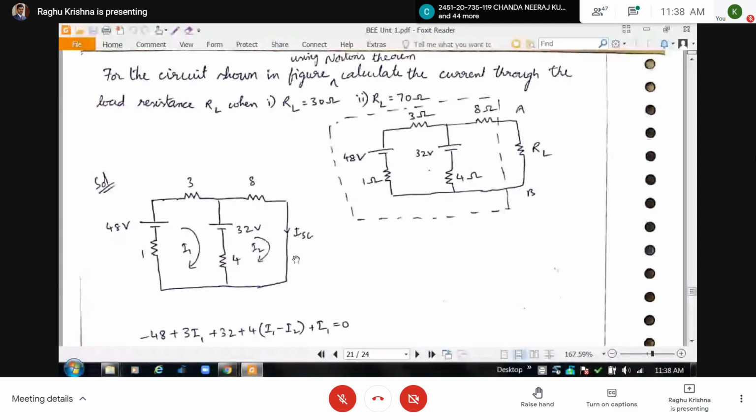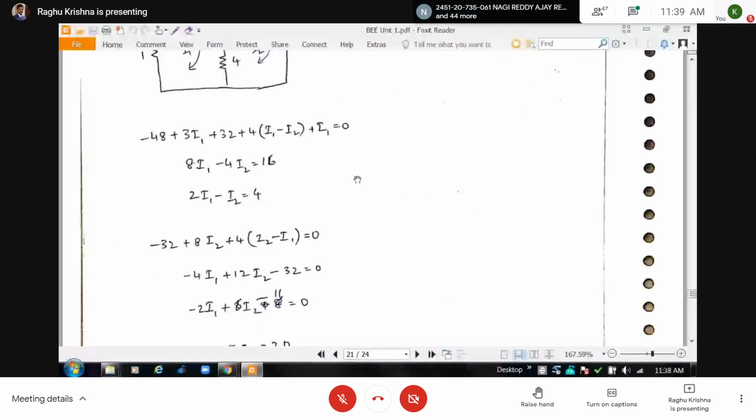Here, using KVL, I got the current ISC as 4 amperes. So all of you draw the circuit and find out the current ISC.